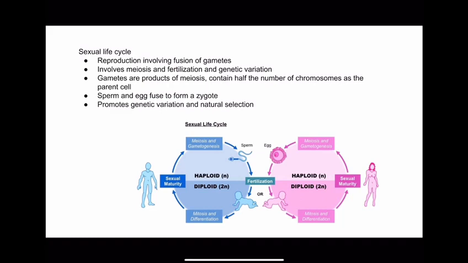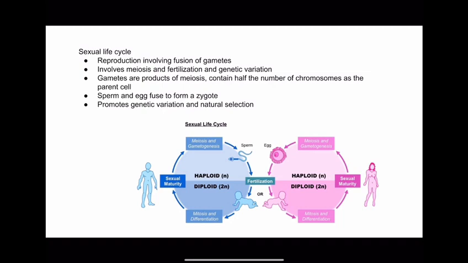In sexually reproducing organisms, the life cycle begins with the production of gametes, which are formed through the process of meiosis. Meiosis is a type of cell division that results in the formation of 4 haploid cells from a single diploid cell, as we just talked about.